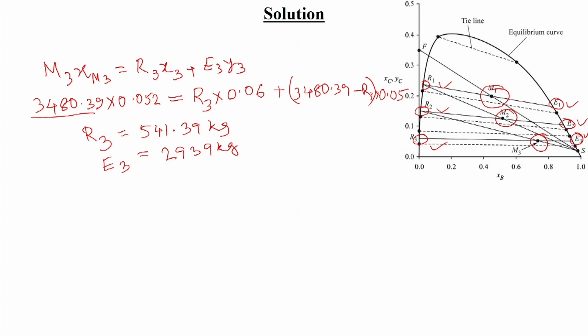So, now we will find how much trimethylamine is leaving the stages, that is, the total amount of trimethylamine leaving the 3 stages.